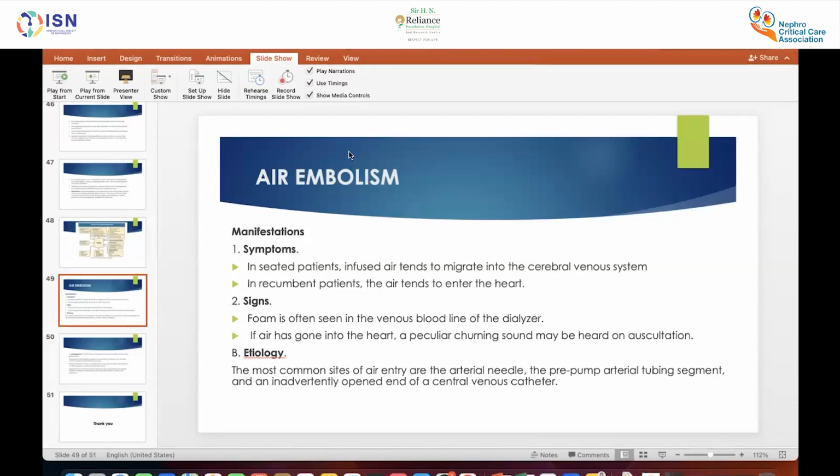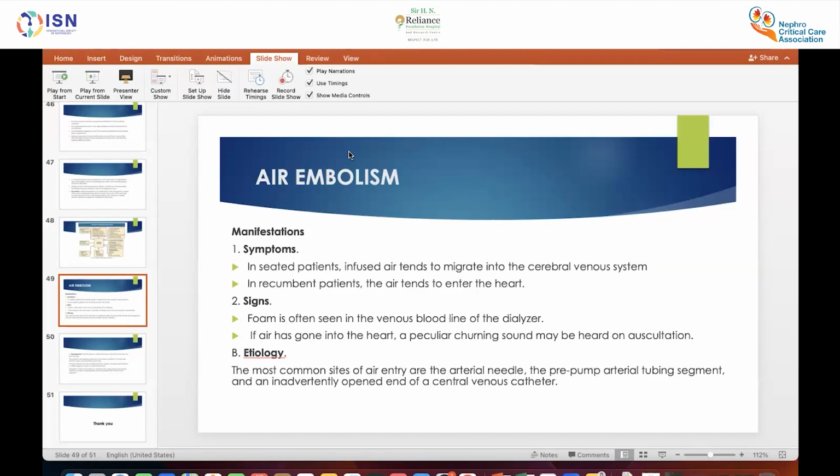And when you trap the air in that position, you have to give high flow oxygen, maybe with a very high flow mask, what you are using during hypoxia itself. You can deliver a high amount of oxygen inside. And gradually what happens, the air in the apex of the right ventricle gets absorbed.